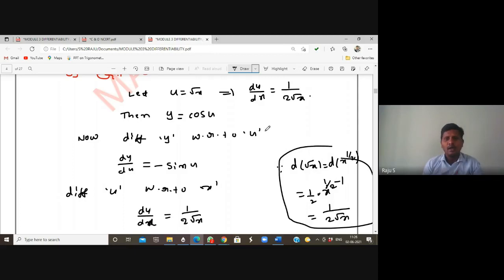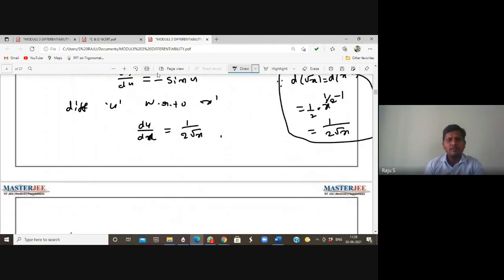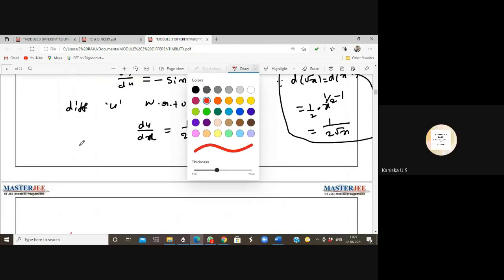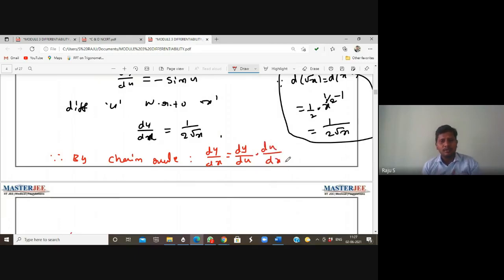Okay. Fine. Here we got dy by du and du by dx. Therefore, by which rule? Chain rule. Yeah, therefore by chain rule, dy by dx is equal to dy by du into du by dx. We know dy by du and du by dx.